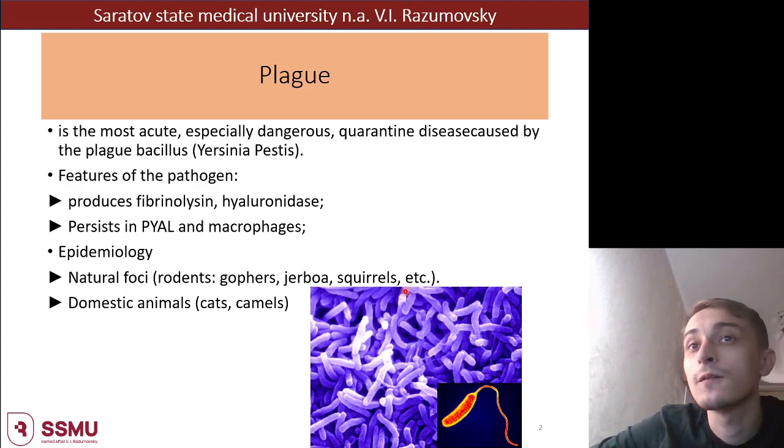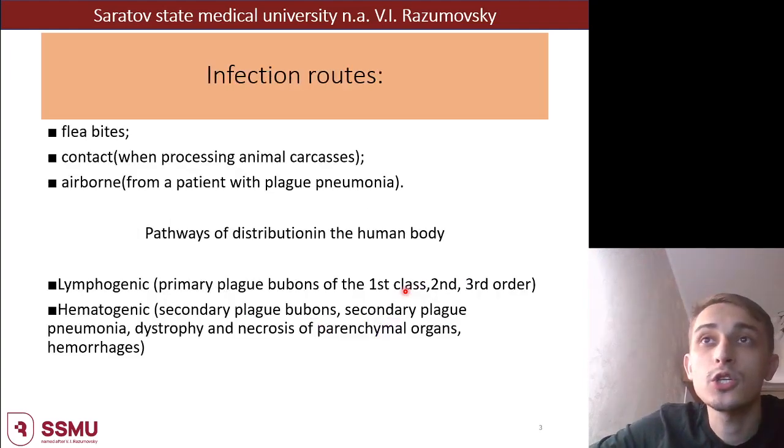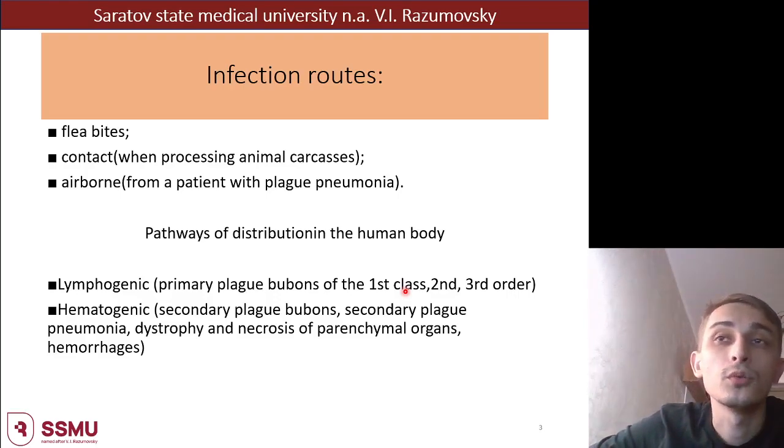But these animals may be only the source of infection, and the most important organism in the transmission way is the flea. And the flea, when it bites a human, transmits Yersinia pestis from animals like cats and camels to the patient.